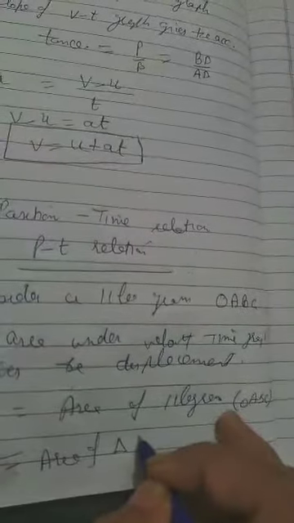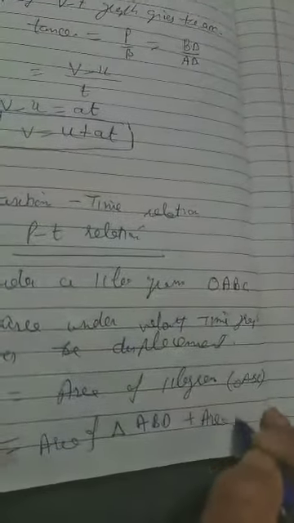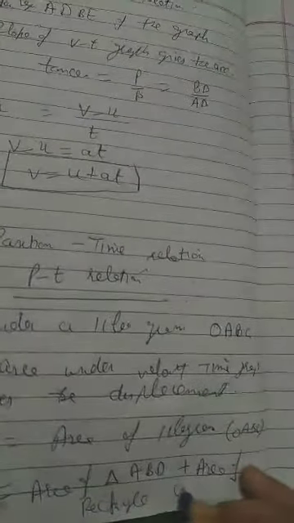So it will be equal to the area of triangle ABD plus the area of rectangle OADC. This is a right angle triangle. Clear?